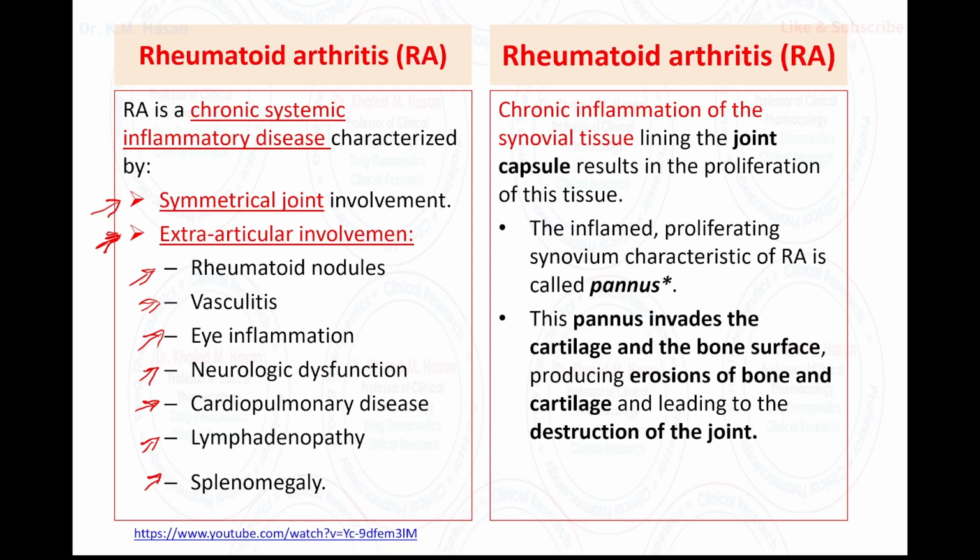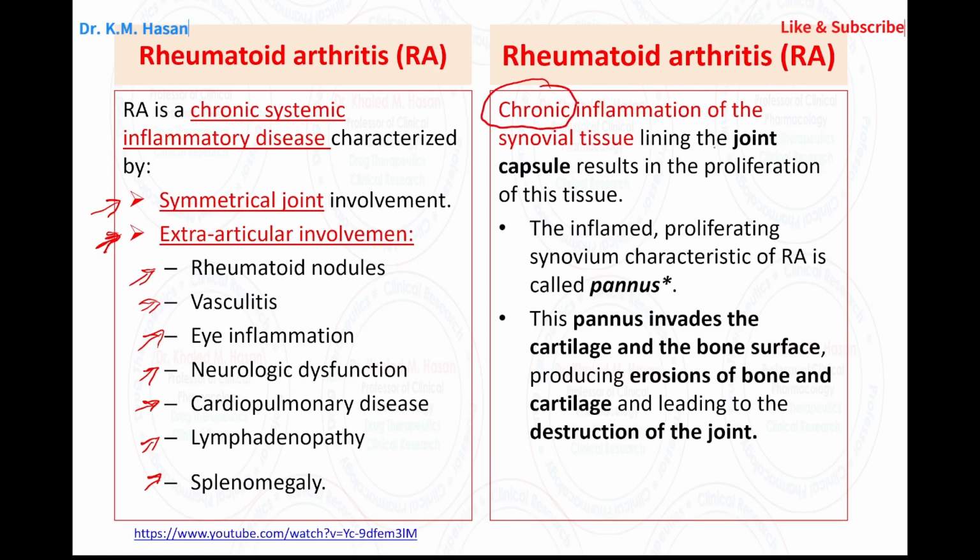Here we have arthritis, inflammation in the joints, in addition to the extra-articular tissue involved in this inflammation process: vasculitis, eye inflammation, neurological disorder. So we are speaking about chronic inflammation here, and tissues may be affected.